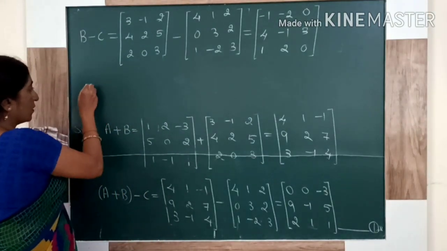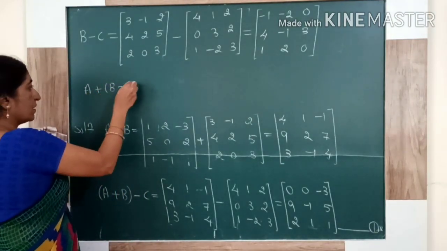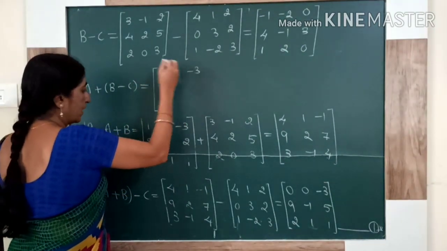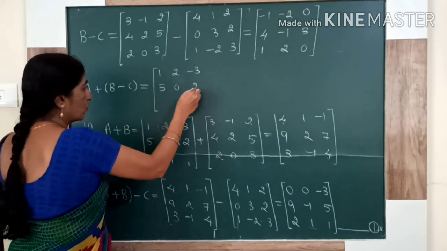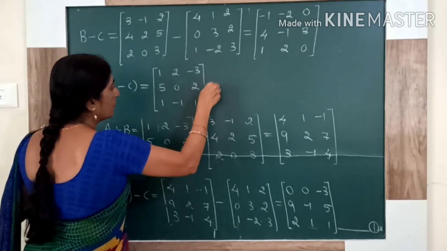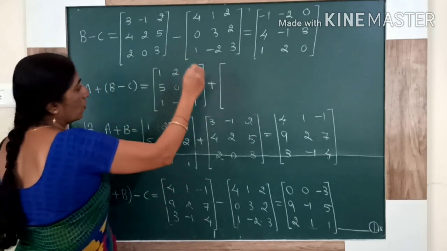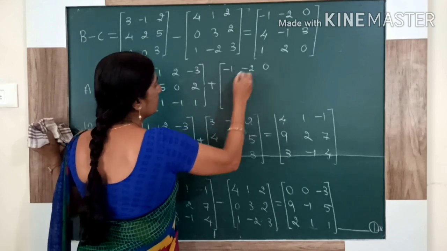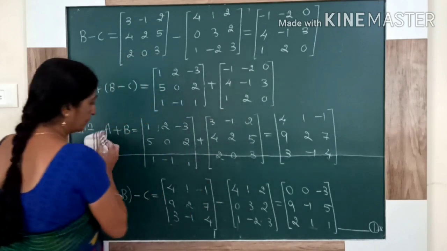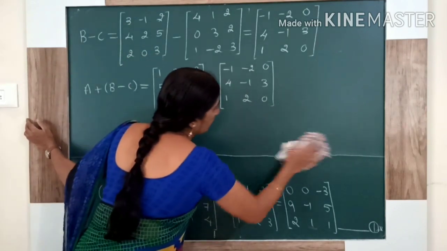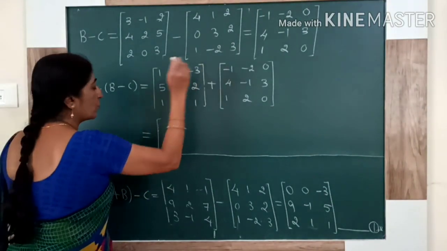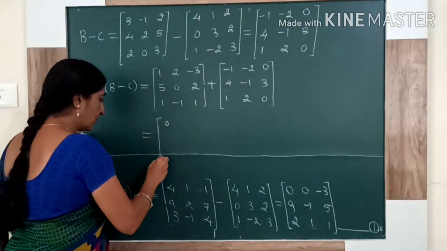After that write down A plus B minus C. For that write down A first: [1, 2, -3; 5, 0, 2; 1, -1, 1]. Then middle plus, B minus C, which we already calculated. This addition: 1 plus into minus is minus, that is 1 minus 1, 0.